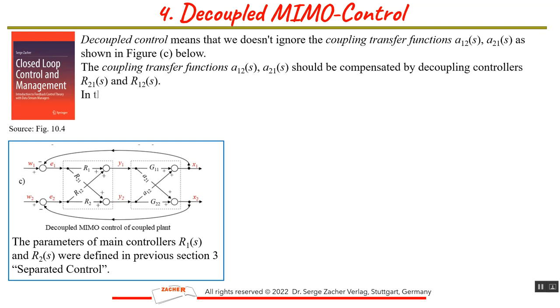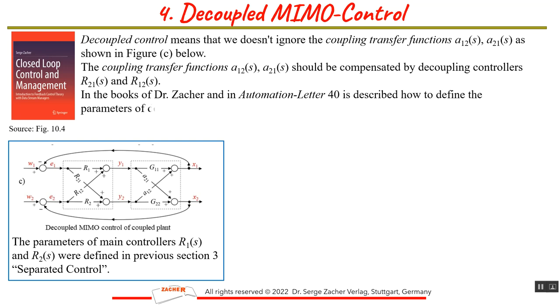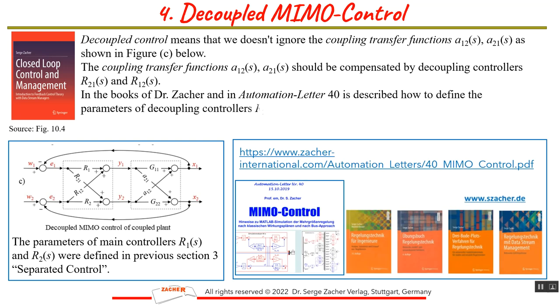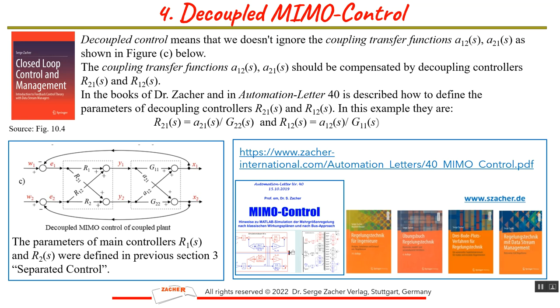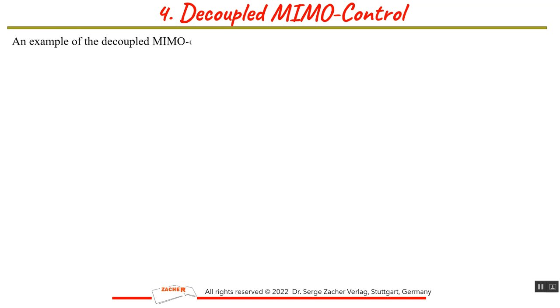In the books of Dr. Zucker and in Automation Letter it is described how to define the parameters of decoupling controllers. Here is shown an example of the decoupled MIMO control and step responses after setpoint steps.